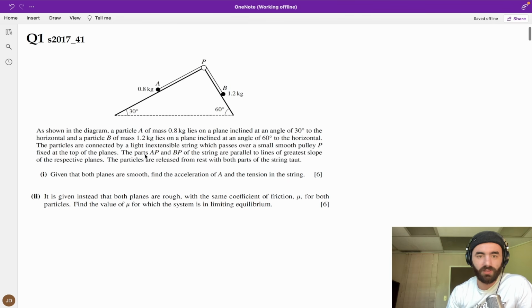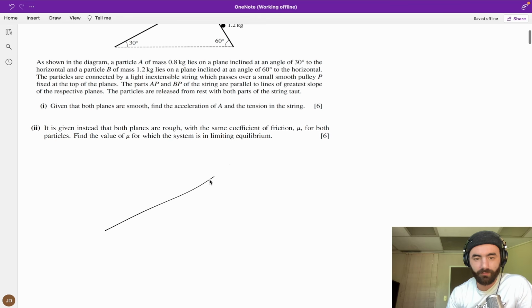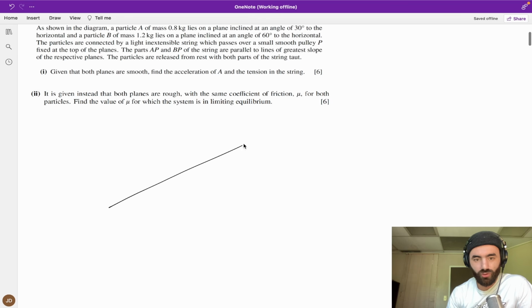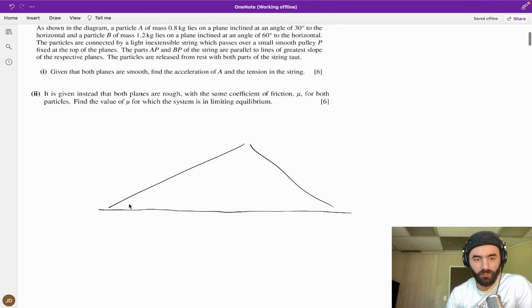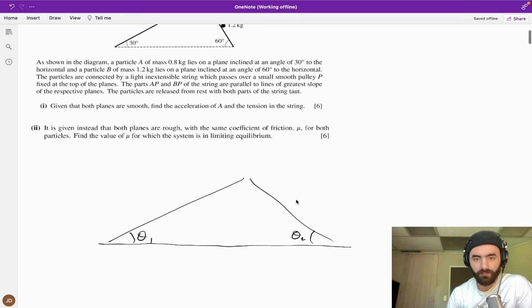Okay, so we've got this diagram. I'm going to start redrawing the diagram. This diagram looks like this, and we'll call this theta 1, theta 2.